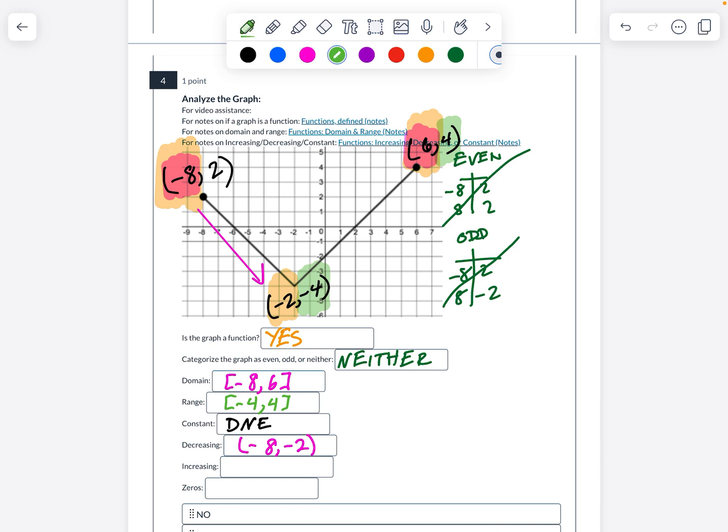And it is headed uphill between the x values of negative 2 and 6. It crosses the x-axis at negative 6 and 2. So its zeros are negative 6 and 2.